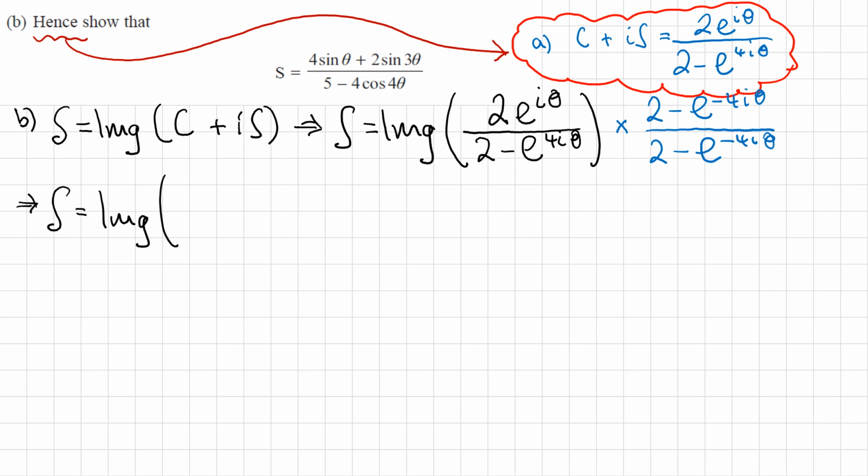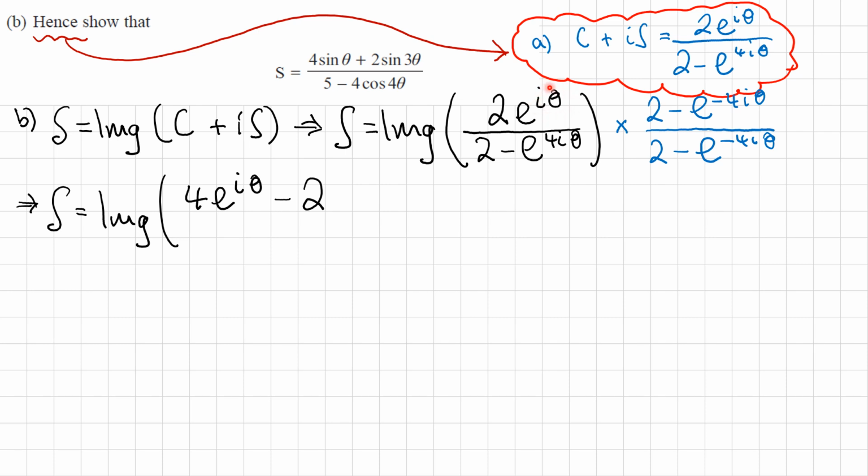Now we'll do the multiplying out, so we'll multiply each term at a time. 2 times 4 e to the i theta will be... sorry, 2 times the e to the i theta term gives 4 e to the i theta. And then when we multiply this term by this term, we'll have negative 2. Now when we multiply, we need to add the powers.